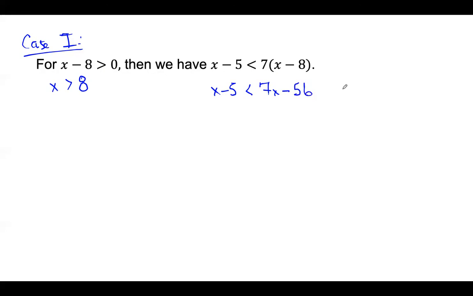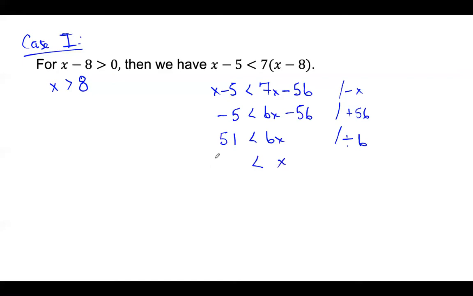Now we can subtract x from both sides, and we get -5 is less than 6x minus 56. Next we add 56 to both sides, and we get 51 is less than 6x. Then we divide by 6, and x is greater than 51/6, which is the same as 8.5 less than x.